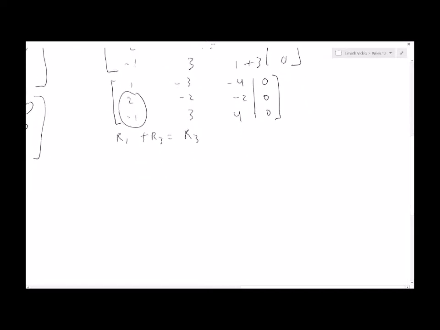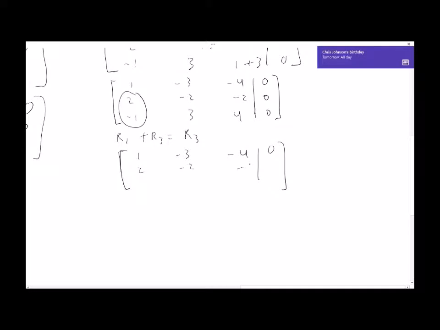We'll just do one step at a time so we don't get lost. No one gets lost. No child left behind. And then 1 plus a -1 is 0, -3 plus a 3 is 0, and -4 plus a 4 is 0. So look at that. We got a row of zeros.